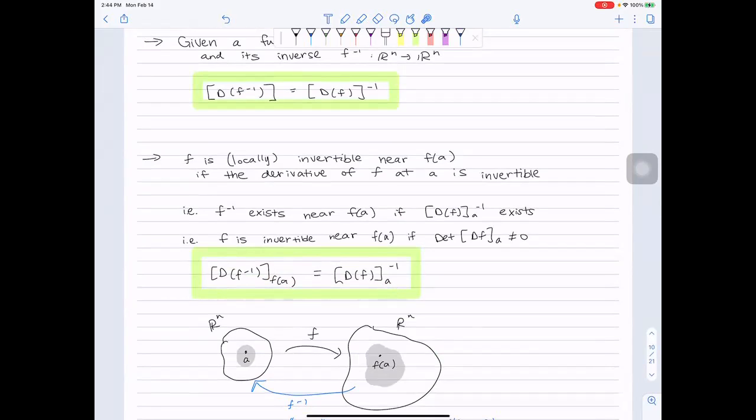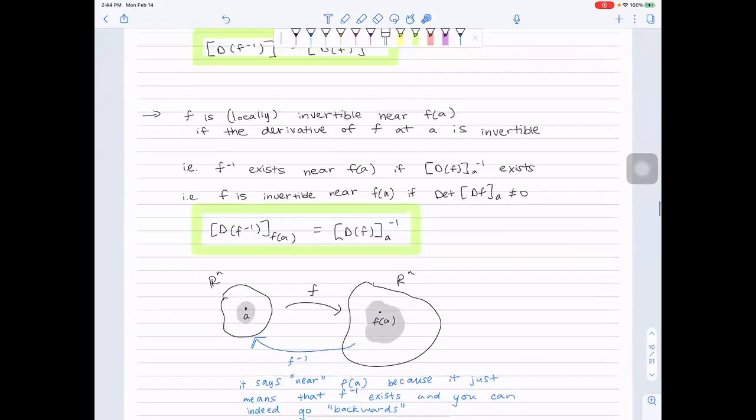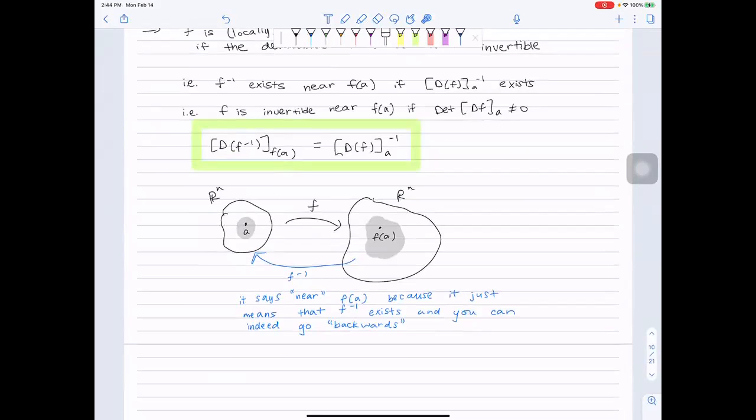And why does it say f is locally invertible near f of a? It's because if you start at a point a and your function takes it to your y value, your f of a over here, there might be multiple different inverses taking things back. So we just want to guarantee that in some area near f of a, some inverse exists so that we can get back to a.